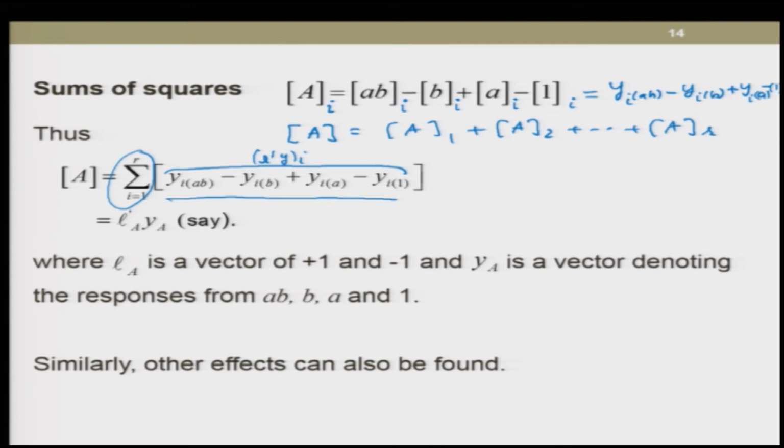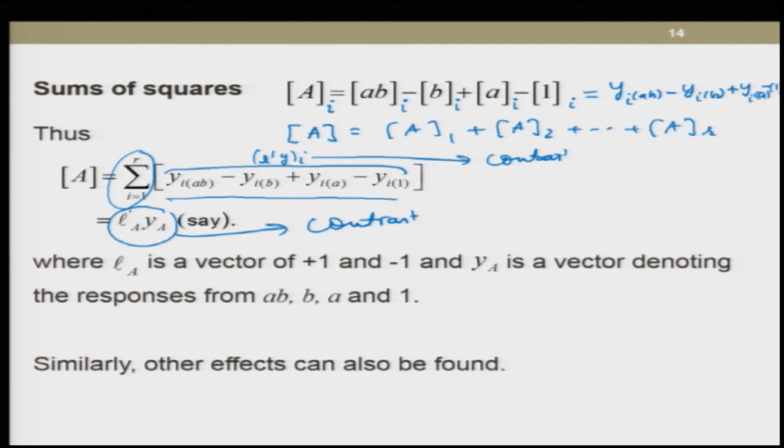So, this can be expressed as L transpose A y, and you can see that this linear combination is a contrast. So, the message is very clear: when you compute any factor or interaction effect from the R replicates, even then they are estimated as a linear contrast, right.